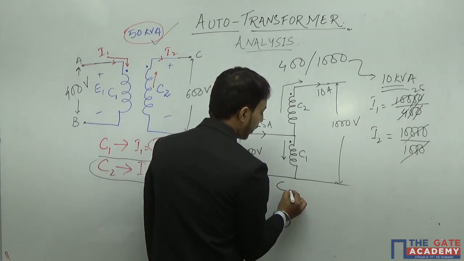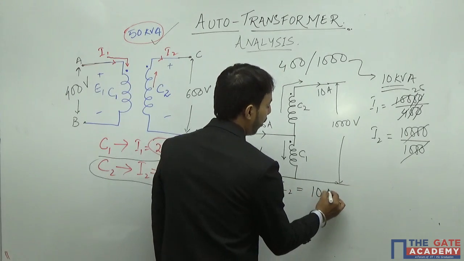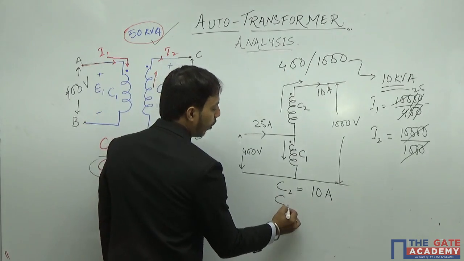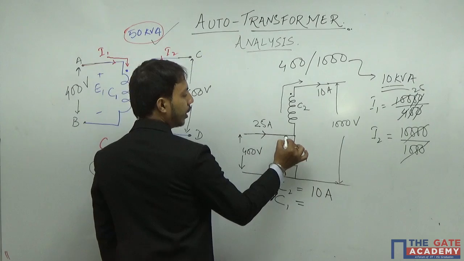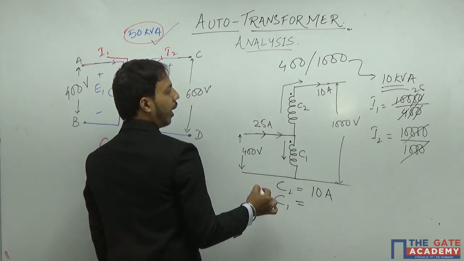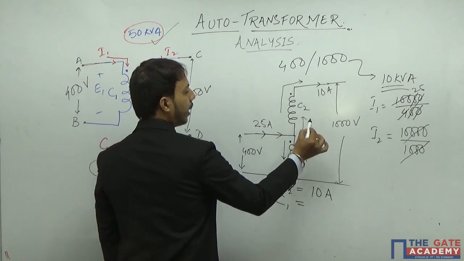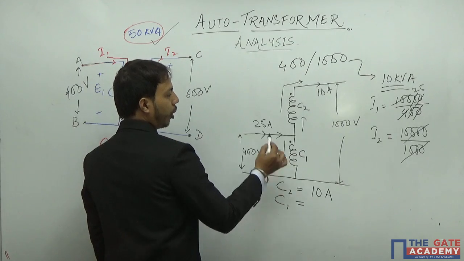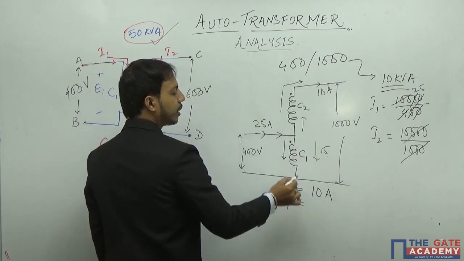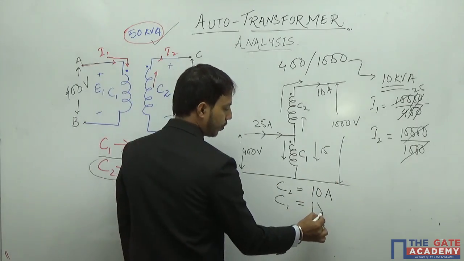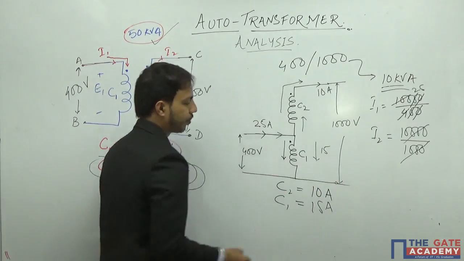I can definitely say that C2 will have 10 ampere, and C1 will be having, see, 25 ampere is coming in this side and 10 ampere is going this side. So 25 minus 10, 15 ampere is coming through C1.